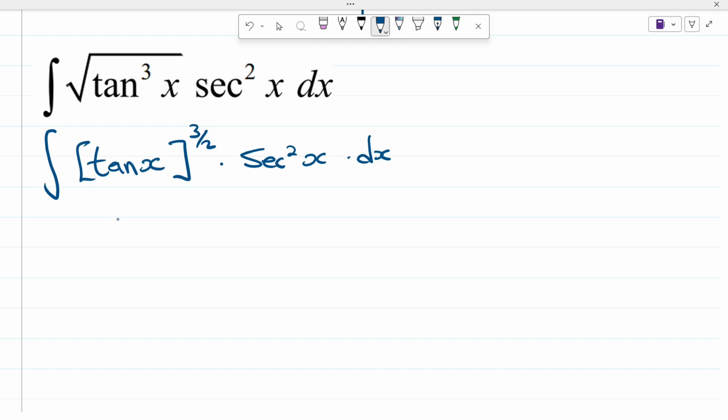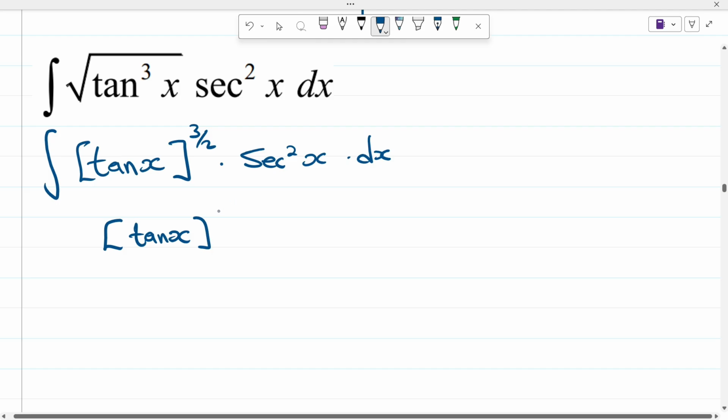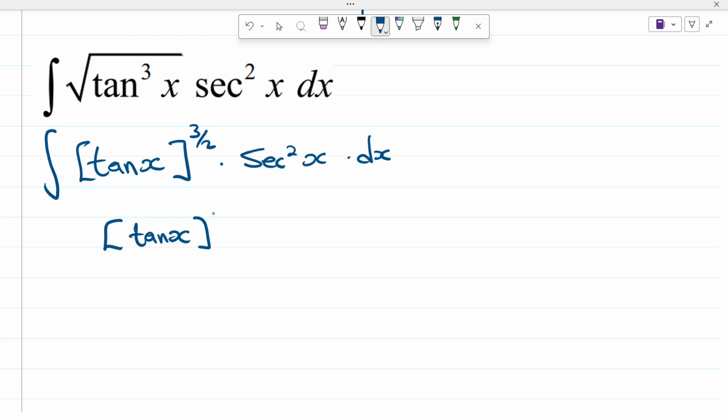So when we apply our general power rule, that's just going to be tan of x to the power 3/2 plus 1. 3/2 plus 1, that's your 5/2, right? So this is 5/2 divided by 5/2, I'm sorry for that, plus c.